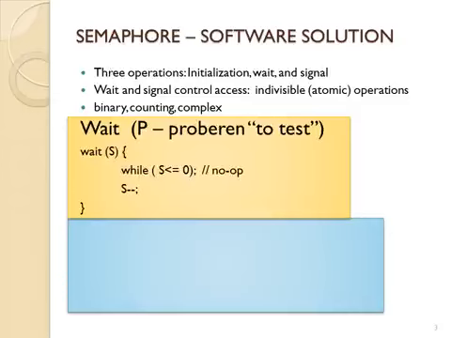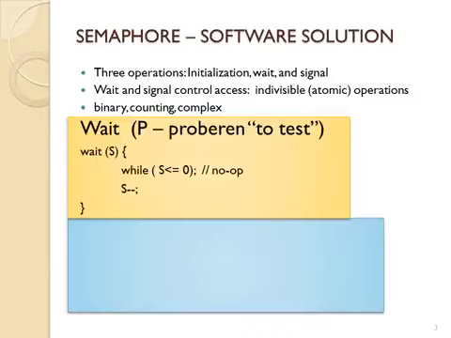So the wait operation looks like this. The wait usually would be in the entry code of the processes before the critical data is accessed, and all the processes would run their wait.